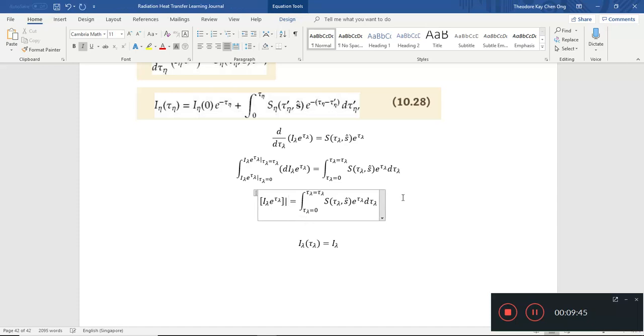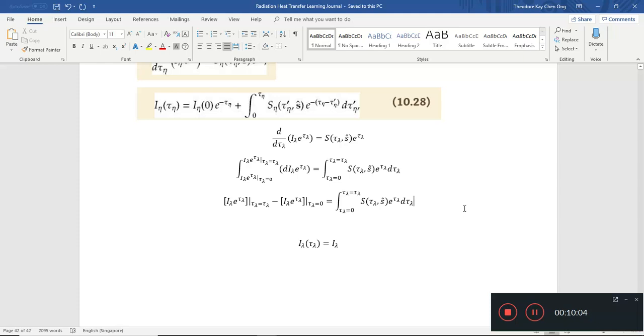So evaluate this at tau lambda equals tau lambda, minus whatever this is at tau lambda equals 0. Alright, so what are we doing here exactly?